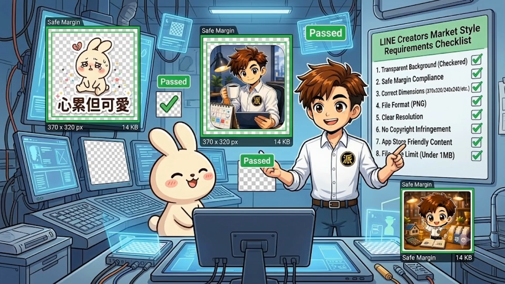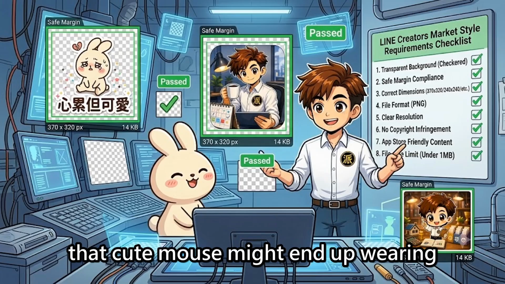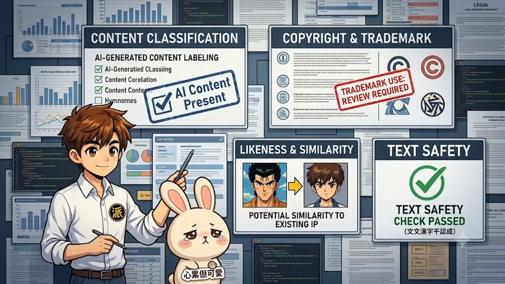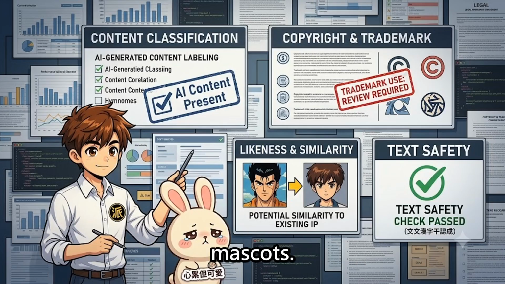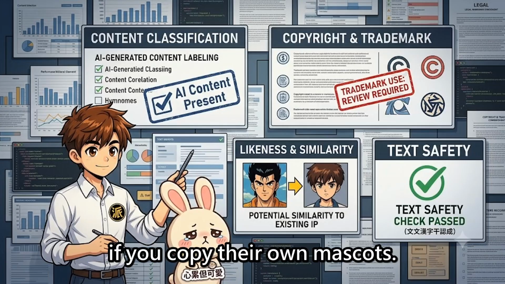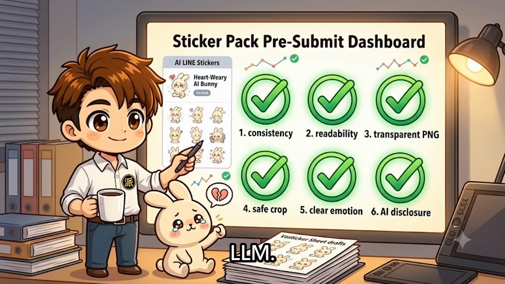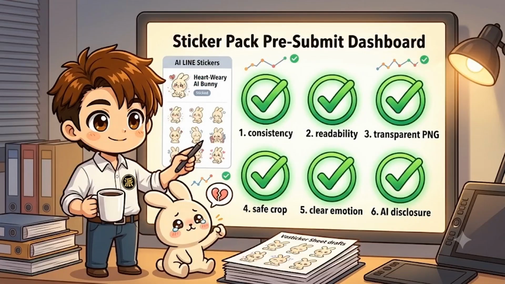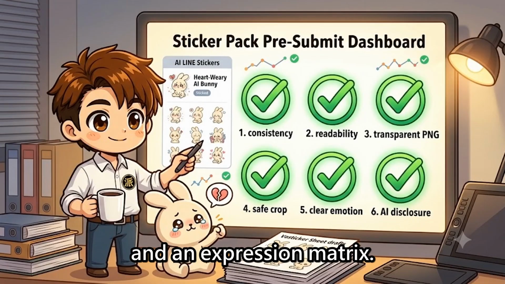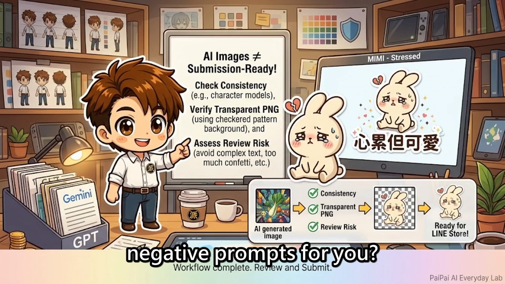A huge problem. Without aggressive negative constraints, that cute mouse might end up wearing iconic white gloves and yellow shoes. Or your office bunny becomes a dead ringer for one of the official Line Friends mascots. And Line is definitely going to notice if you copy their own mascots. Oh, instantly. So you aren't just brainstorming with the LLM, you are using it to build a rigid prompt template, a specific phrase list, and an expression matrix. So you tell the text AI to actually write negative prompts for you.